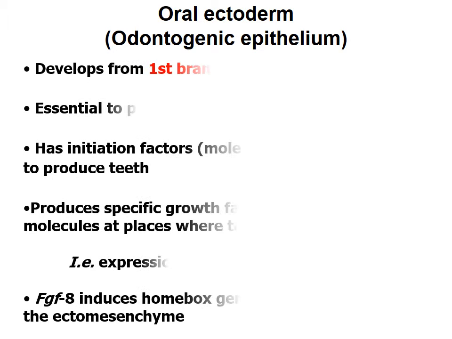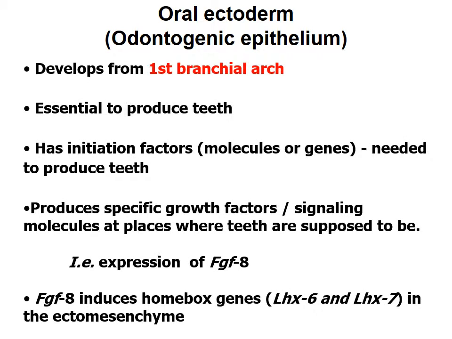Therefore, the tissue forming oral ectoderm, in other words odontogenic epithelium, develops from the first branchial arch, and it is essential to produce teeth. It has initiation factors like molecules or genes that are needed to produce teeth, and it produces specific growth factors or signaling molecules at places where teeth are supposed to be.